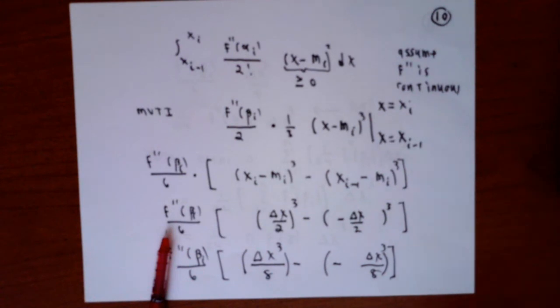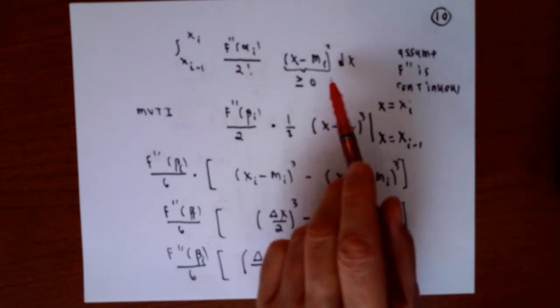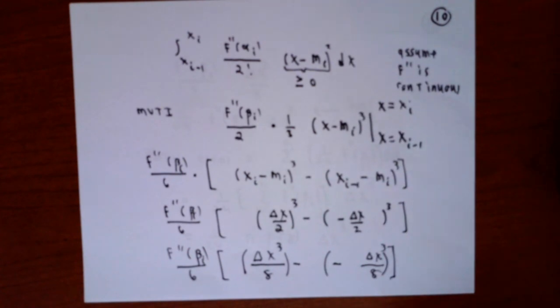We are now in a position to do something. I'm going to assume that the second derivative is continuous. X minus mi squared is non-negative because the square of a number is always non-negative.